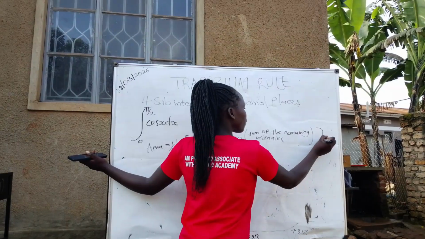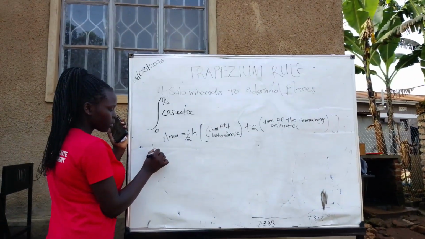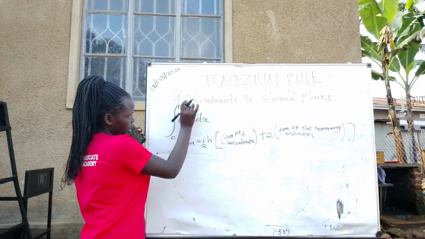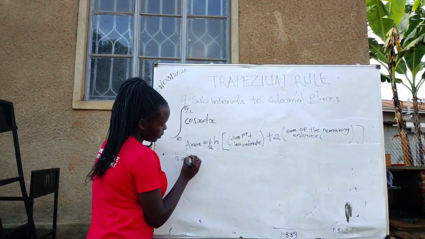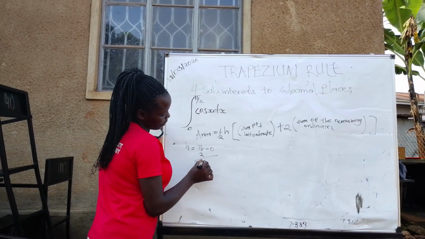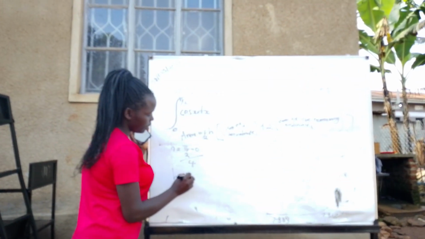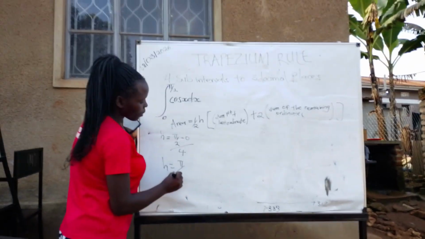And we are going to get our height, which equals the upper interval, pi over 2, minus 0, over 4. Our h equals pi over 8.